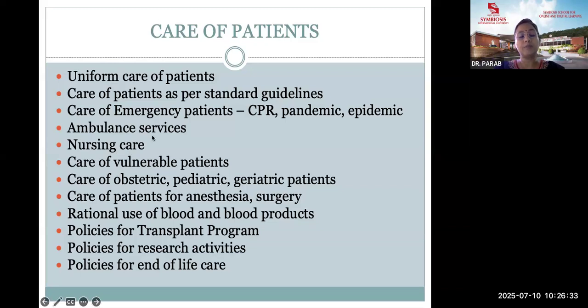Care of vulnerable patients, and there are patients with comorbidities and high risk for mortality. So these patients are to be identified so that you can address their issues well in advance before it gets more complicated. Some of these patients could be those who are at a risk of falling, vulnerable patients.